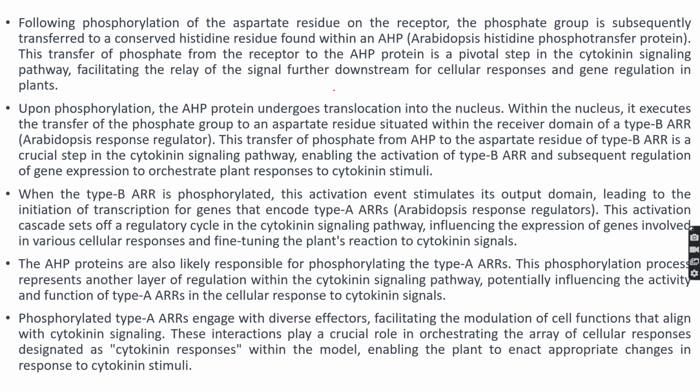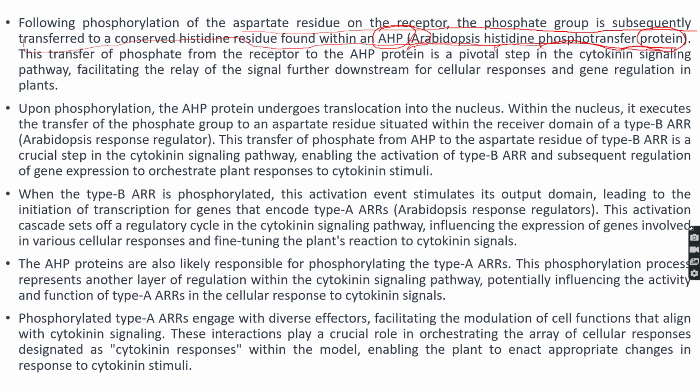Following the phosphorylation of the aspartate residue on the receptor, the phosphate group is subsequently transferred to a conserved histidine residue found within AHP. Now, what is AHP? Arabidopsis histidine phosphotransfer protein. As I told you, these transcription factors are mostly proteins.